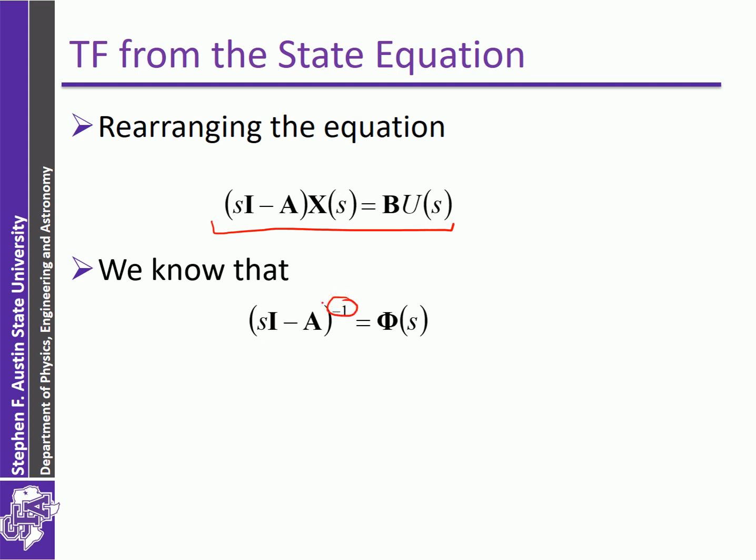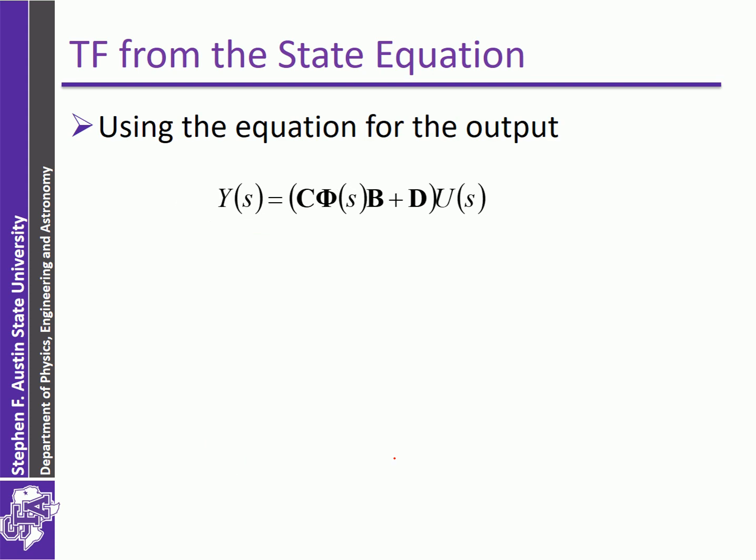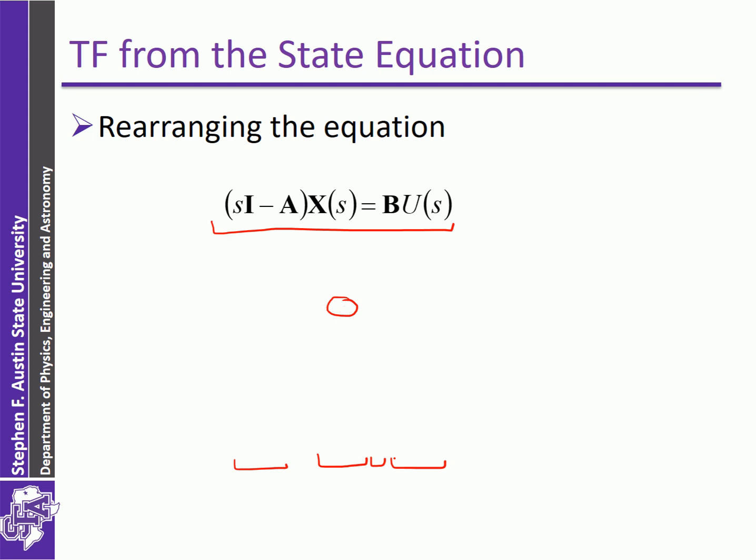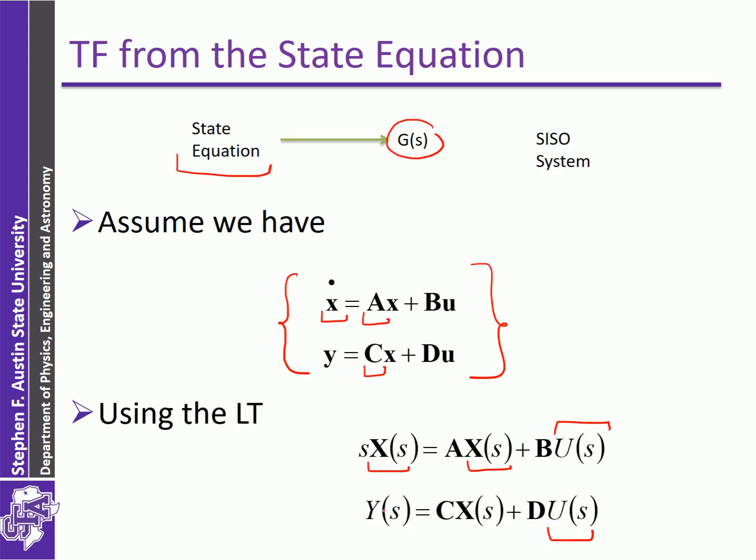So what we are saying is that when we solve for x of s, x of s will be equal to the state transition matrix times B times u of s. Now using this concept, we can substitute that expression, or basically the value of x of s, back into our equation for y of s.